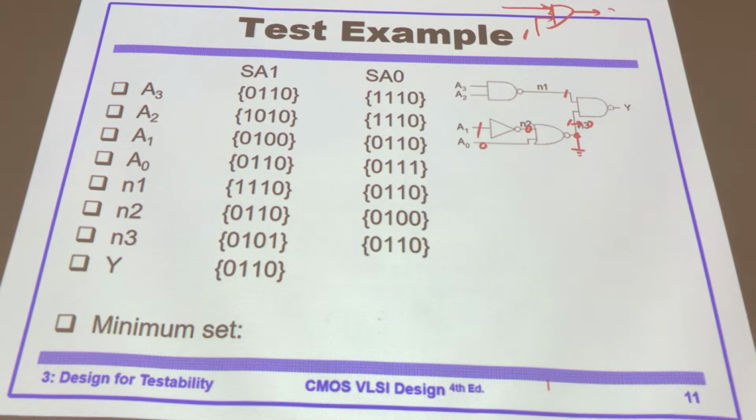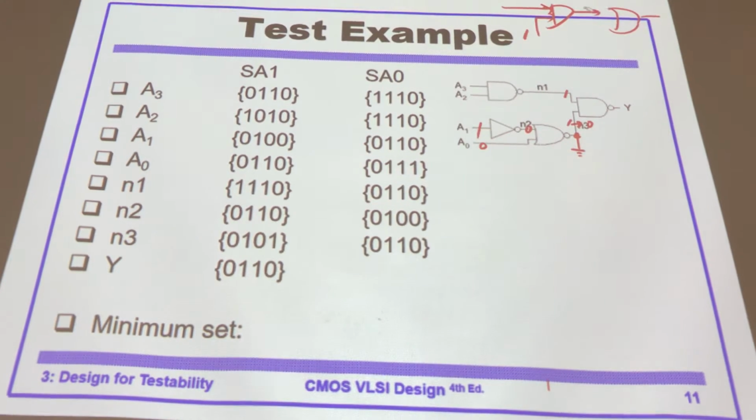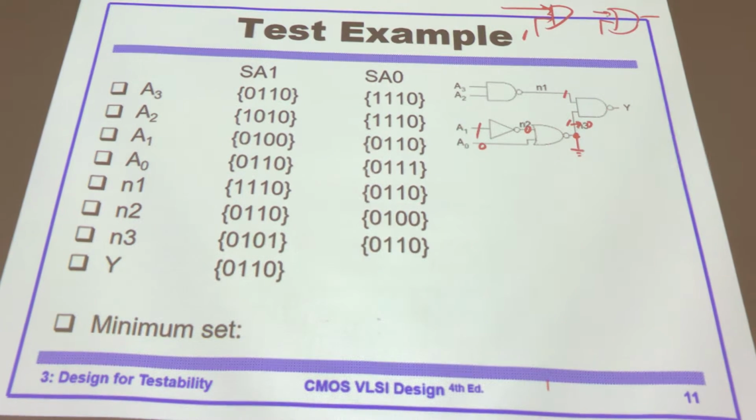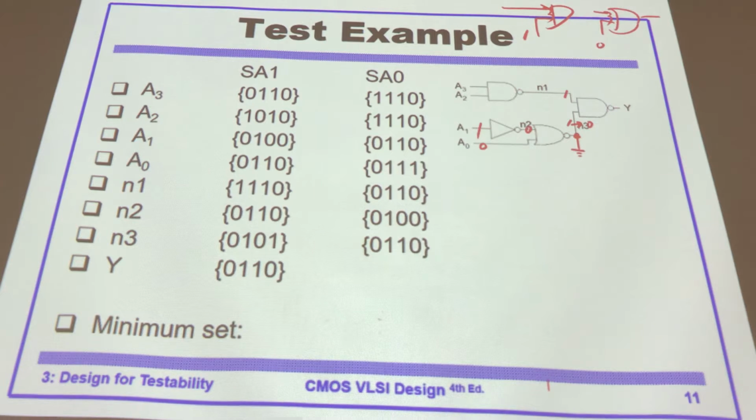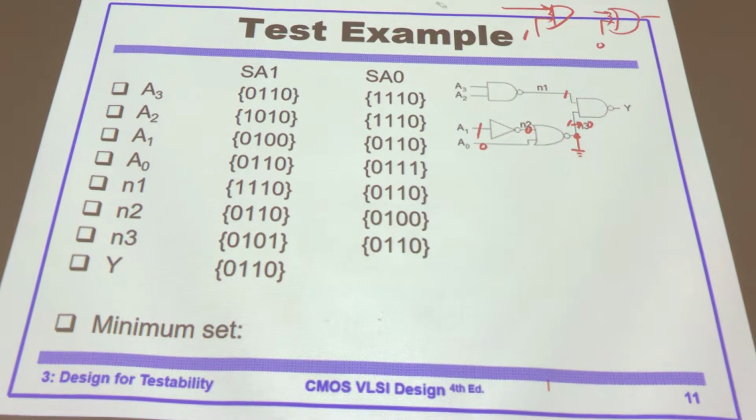For OR gate or NOR gate, you should give 0. Well, actually, we don't have to consider equals no gain.